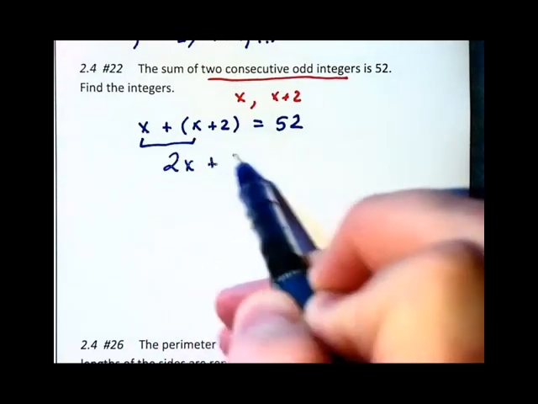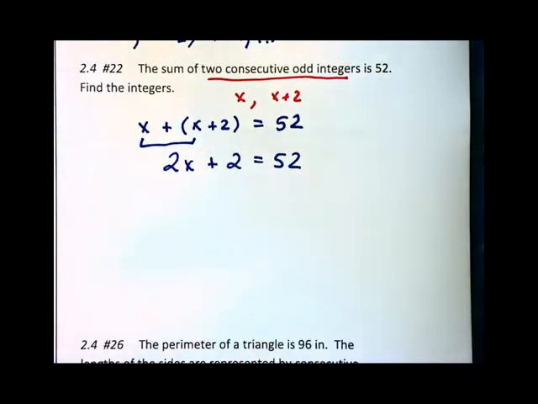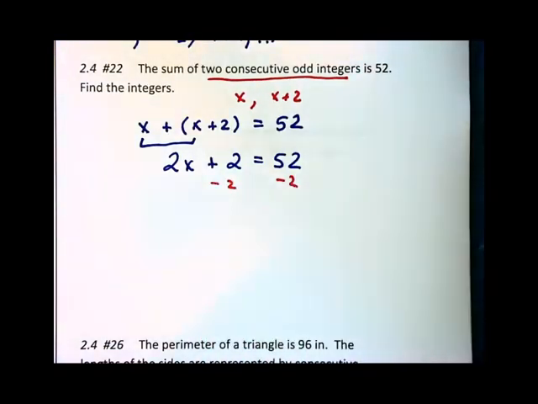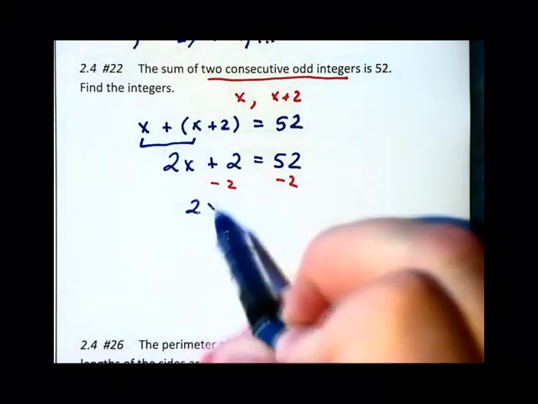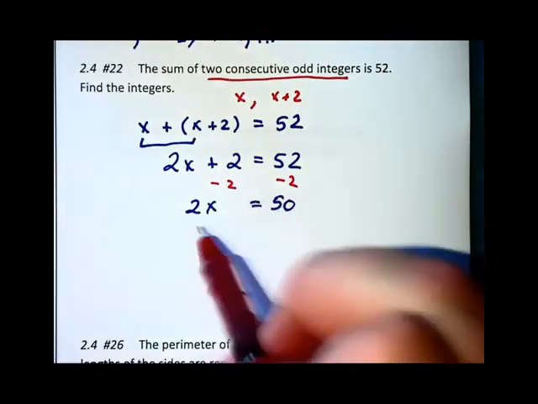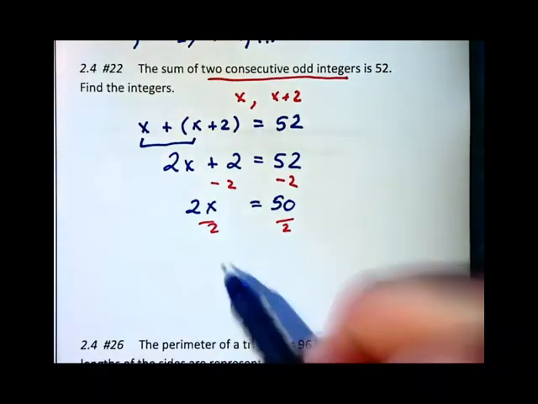2x plus 2 is 52. And then I'm going to subtract 2 on each side of the equation. That gives me 2x is equal to 50. And finally, dividing by 2, I get x is equal to 25.